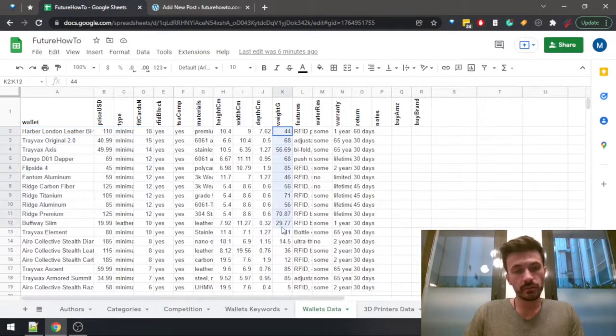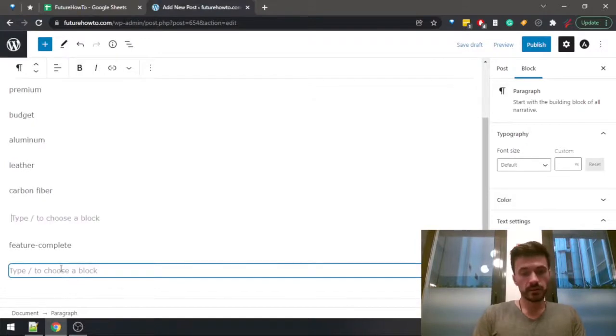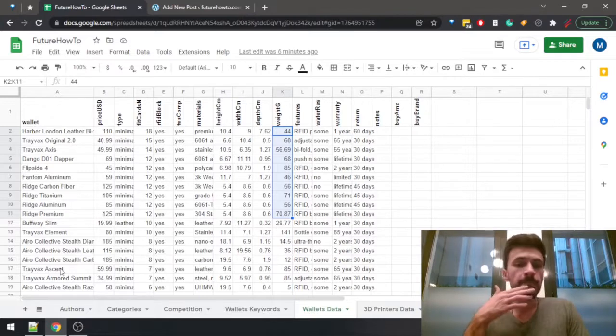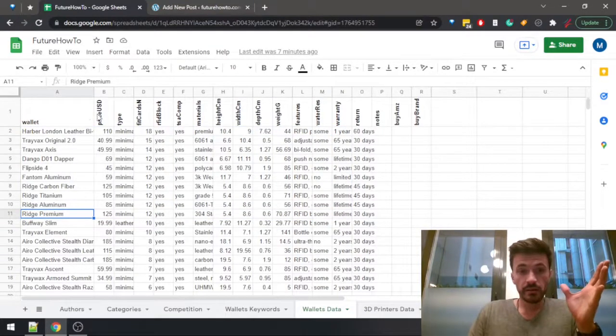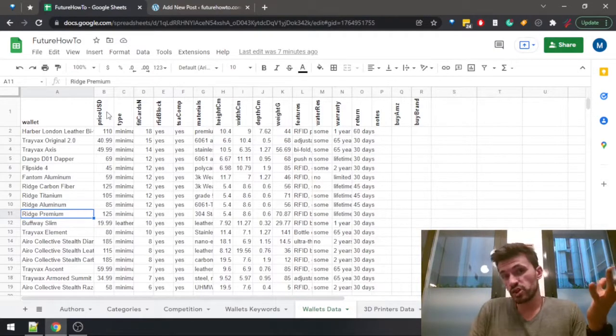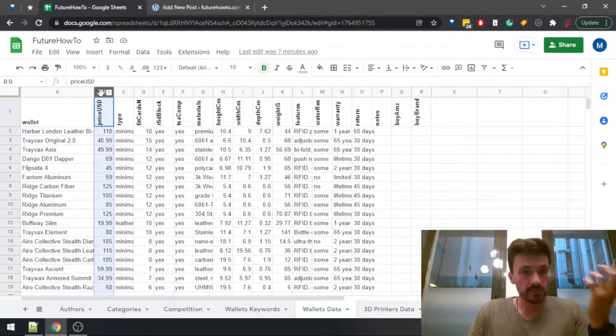And maybe we'll add lightest in weight, feature complete, and lightweight. I think that should be enough. Maybe we could add warranty or something like that later, but it's not that crucial. And keep in mind that this is how you do things for pretty much every niche, and you can do separate list articles on practically all of these.